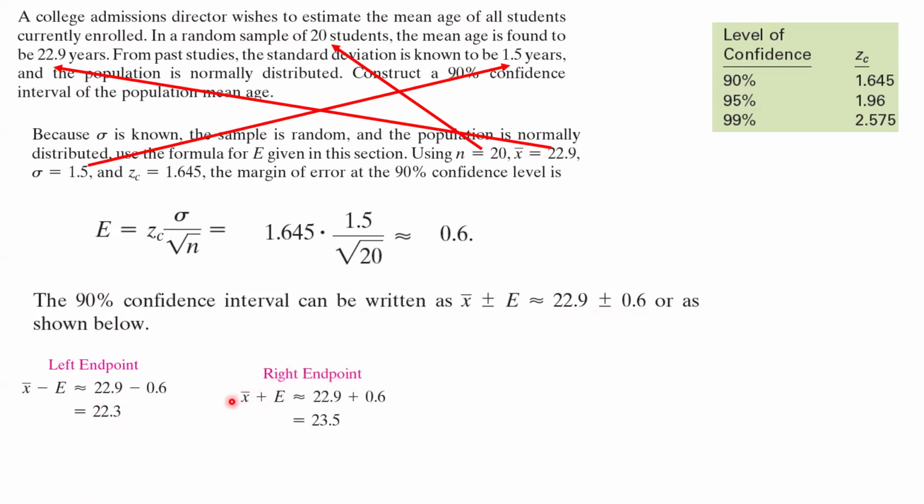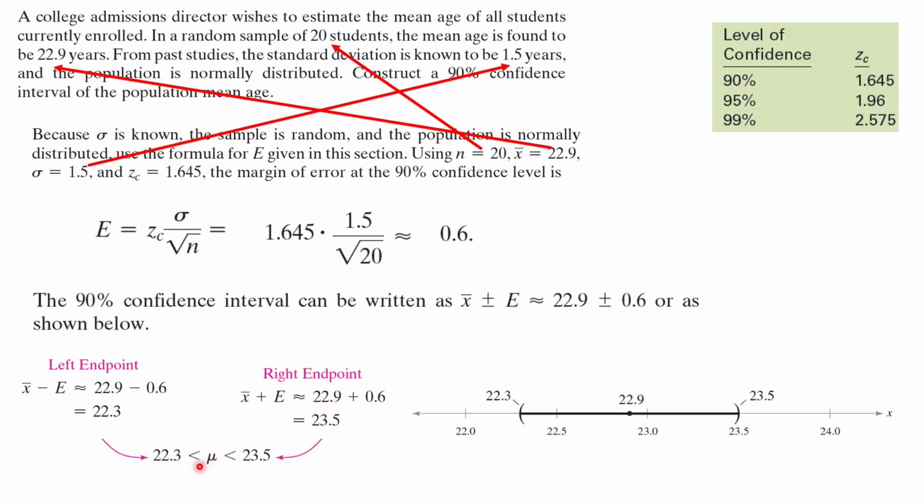And the right endpoint is x bar plus E, which is approximately 22.9 plus 0.6, or 23.5. So you can say that we are 90% confident that the mean age of all students is between 22.3 and 23.5 years. Now let me show you how to use your calculator to find the confidence interval.